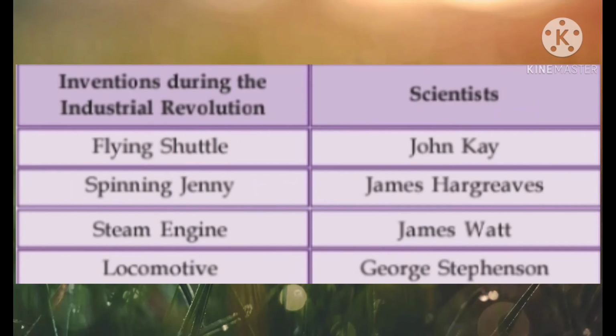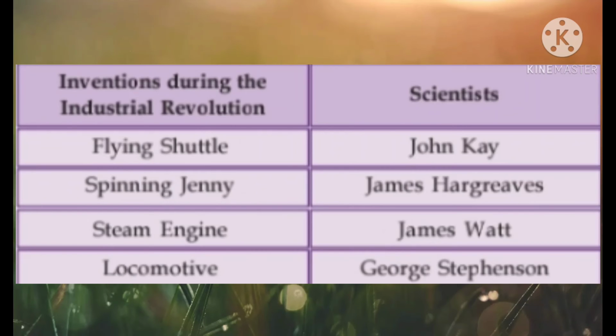Now let us see some more inventions and the scientists who invented them. The flying shuttle was invented by John Kay. The spinning jenny, James Hargreaves. The steam engine, James Watt. The locomotive, George Stephenson.